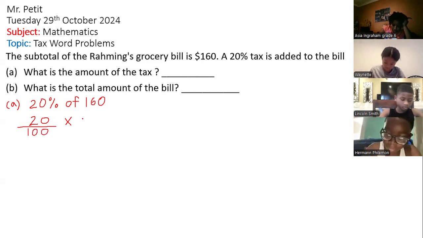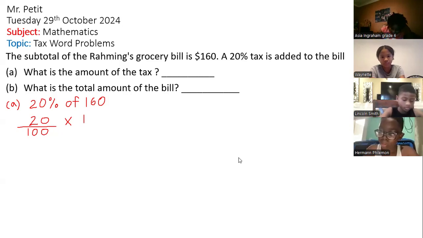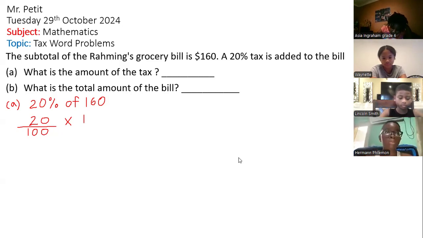Multiplied by what? How do you write 160 as a fraction? 160 over 1. Very good, 160 over 1. You can cancel.